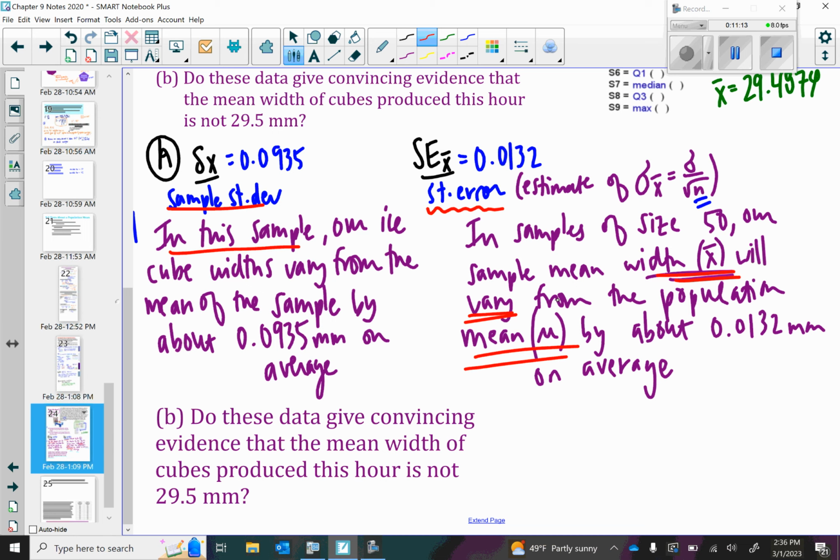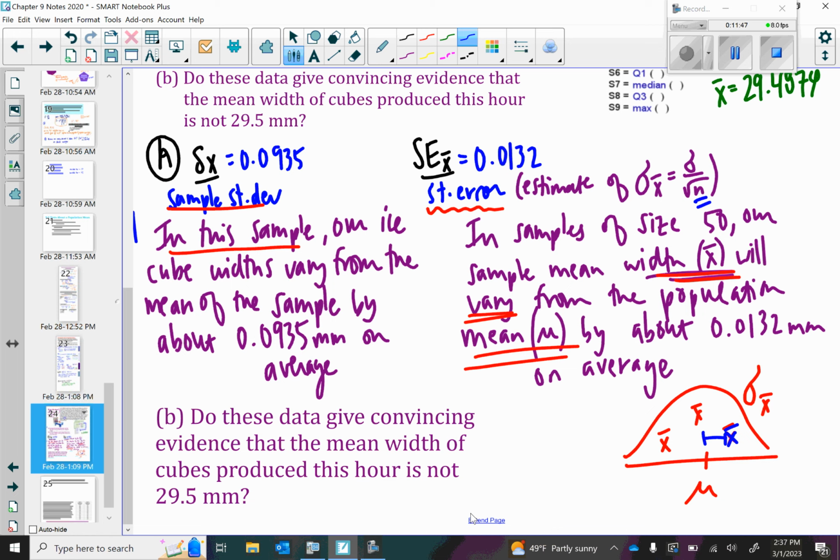In the standard error, you're thinking of it like the standard deviation of our sampling distribution of sample means. That standard deviation is telling me how far any sample mean is from the true mean. And of course, with the standard error, we're being a little bit less specific, and we're essentially making an estimate of that.